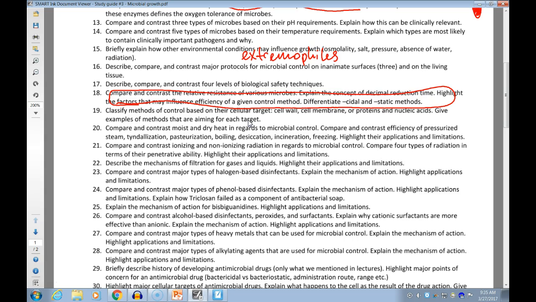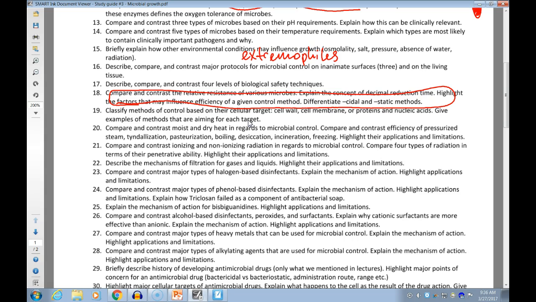Cytostatic. I don't think it will cause any problem. Okay. Cell wall, cell membrane. So what can we do with the cell wall? We can destroy it: heat, oxidants. What can we do with the cell membrane? We can destroy it: surfactants. What can we do with proteins and nucleic acids? We can denature them.